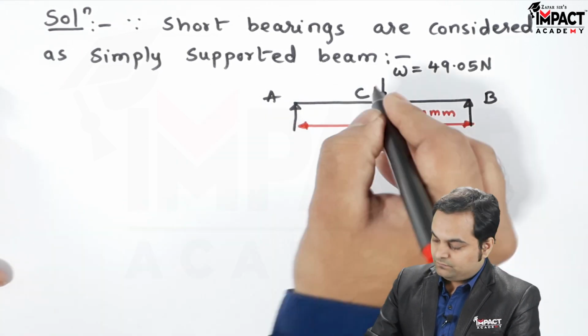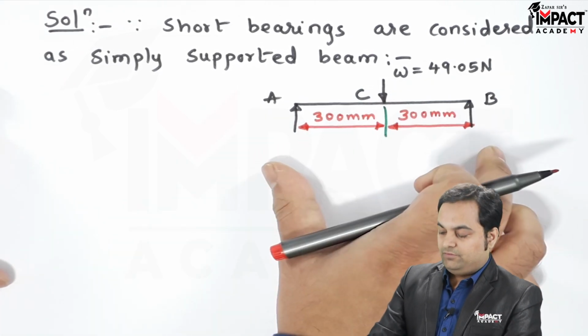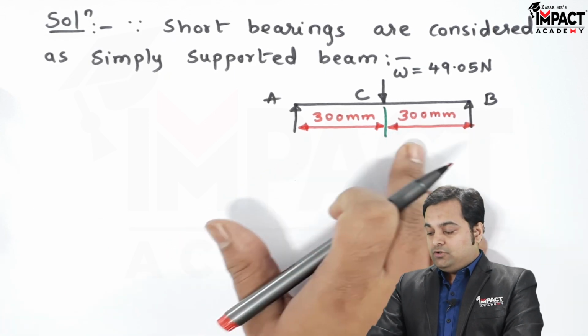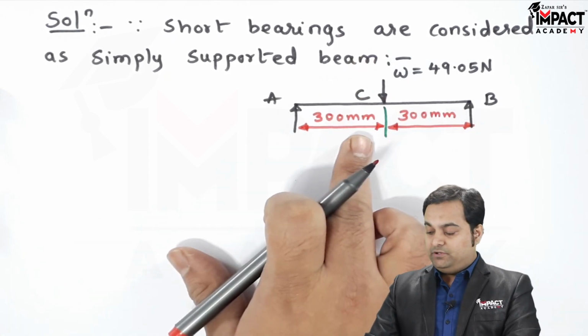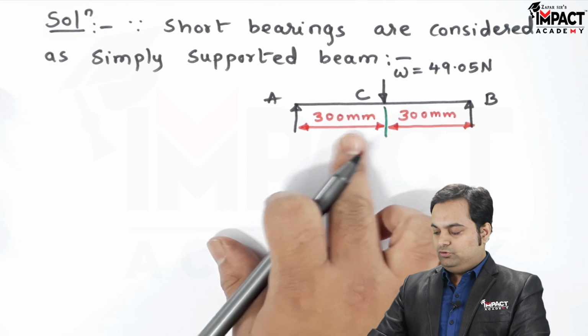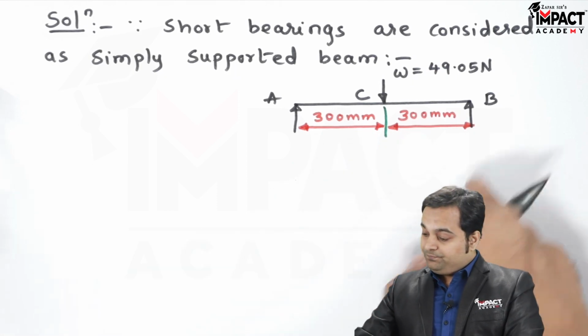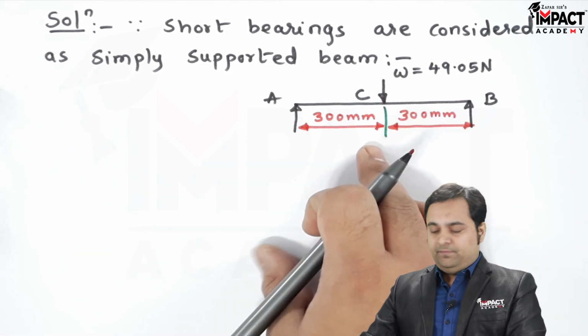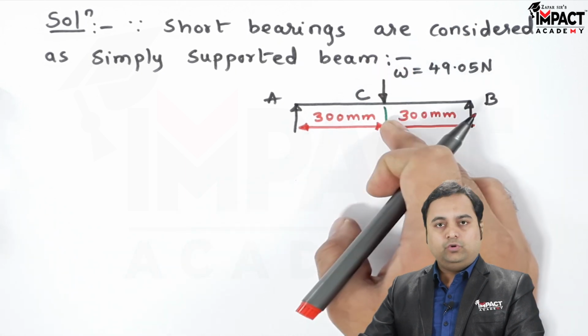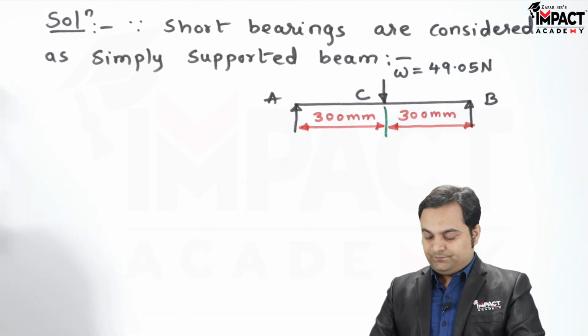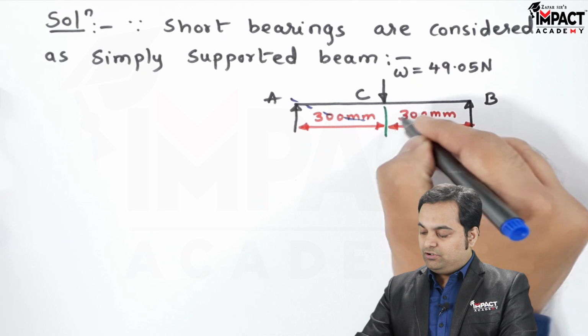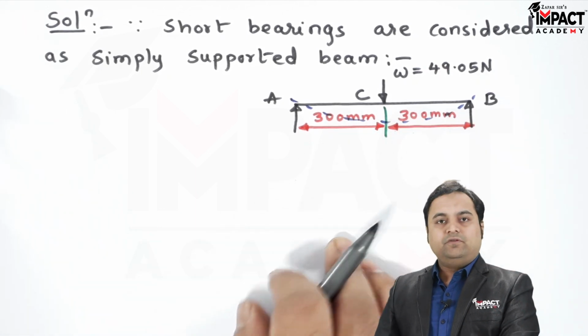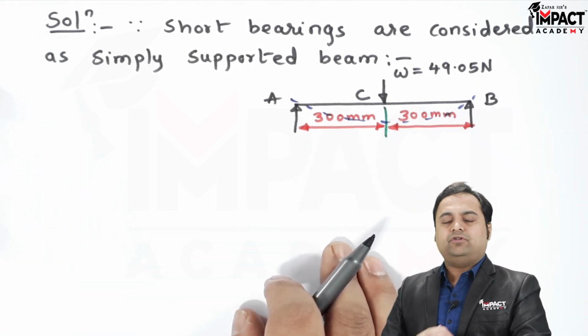Since the length of shaft is 600 mm, the weight is acting at the midway, so it gets divided into two equal halves. Now, for simply supported beam, under the action of load, it will deflect, and this is the deflection of a simply supported beam. In other words, that is the static deflection of the shaft.